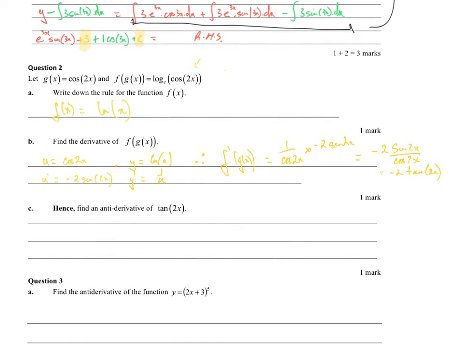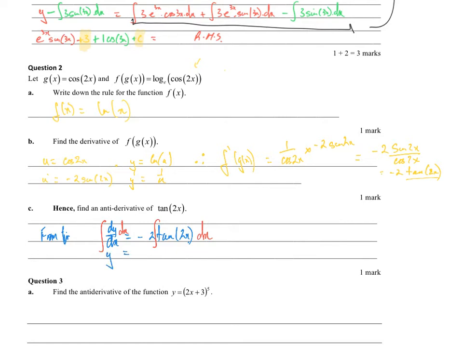Hence, find an antiderivative of tan 2x. Well, that's promising, isn't it? I need an antiderivative of tan, and my derivative has tan in it. So from part B, I know that dy dx is equal to negative 2 tan 2x, which means then if I integrate both sides, I take the antiderivative, I'm going to get y, since the antiderivative of dy dx is just y.